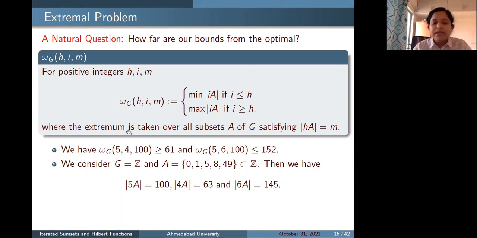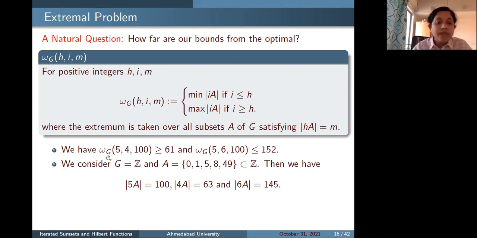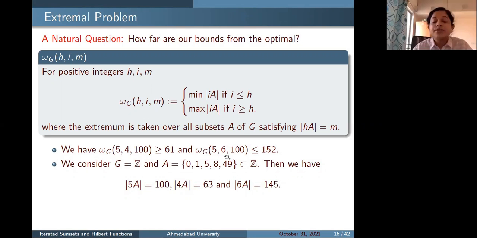And the extremum is taken over all subsets A of G satisfying cardinality of hA equal to m. Now, if we want to write down this bound in terms of omega, then basically we have omega G of 5,400 is greater than or equal to 61, and omega G of 5,600 is upper bounded by 152.